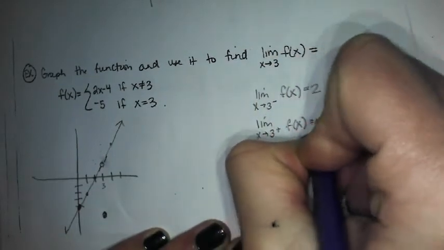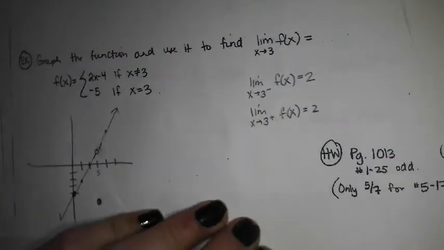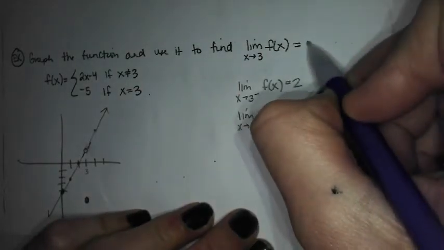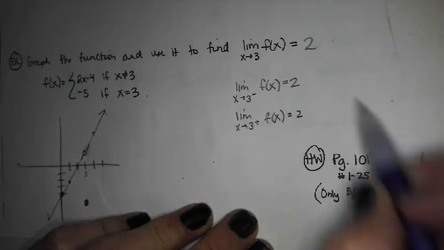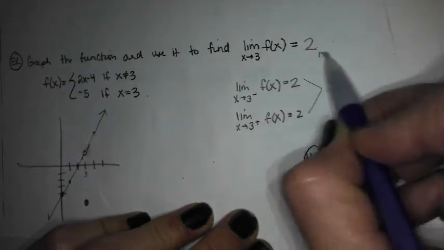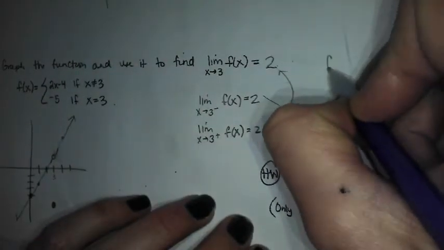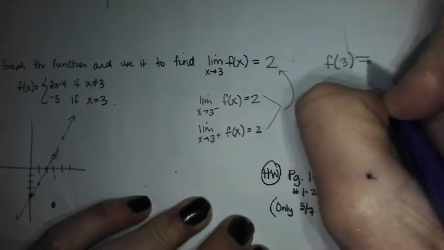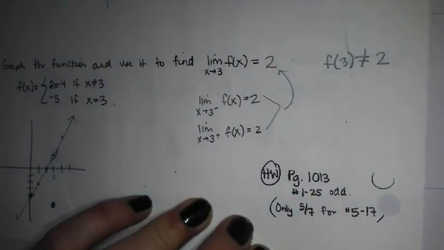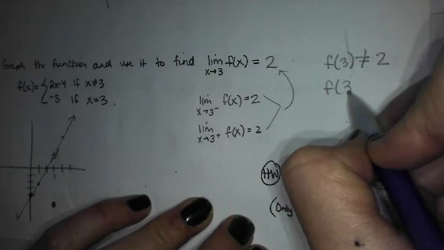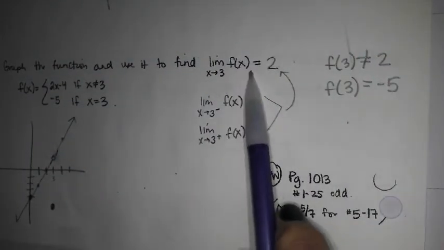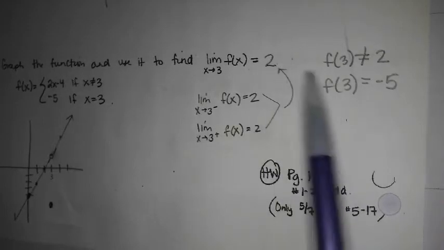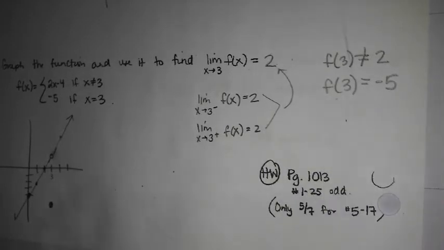Your limit is also 2. So the overall limit is 2 because those match. Yet the function value, just f of 3, does not equal 2. F of 3 equals what? Negative 5. Now because the limit and the function value don't match, it's not continuous.